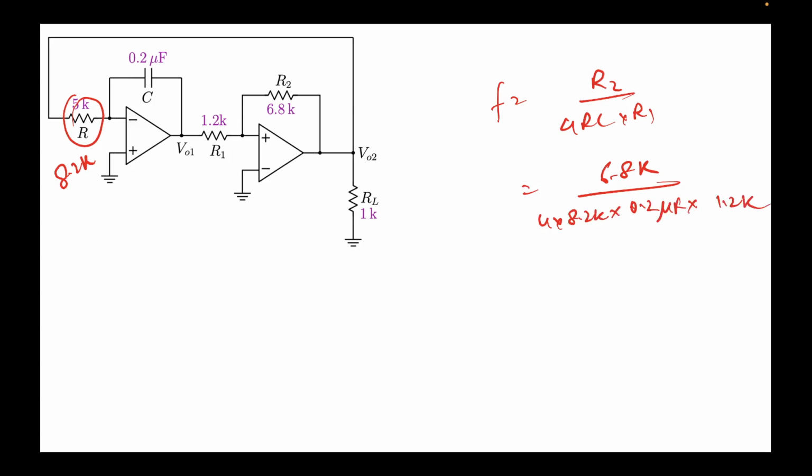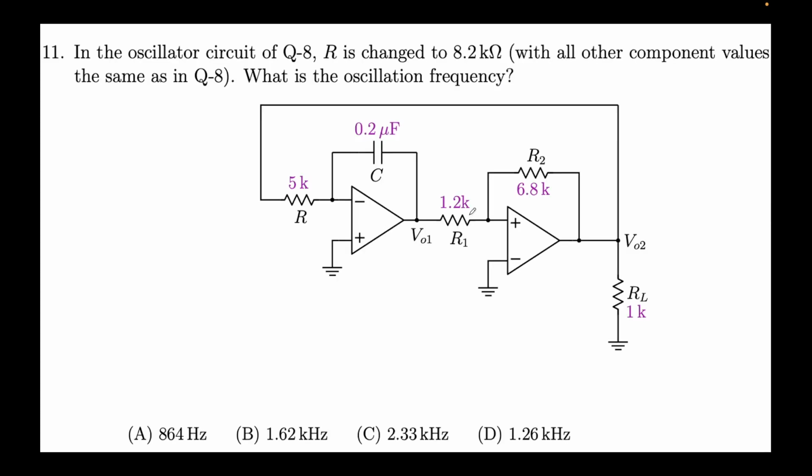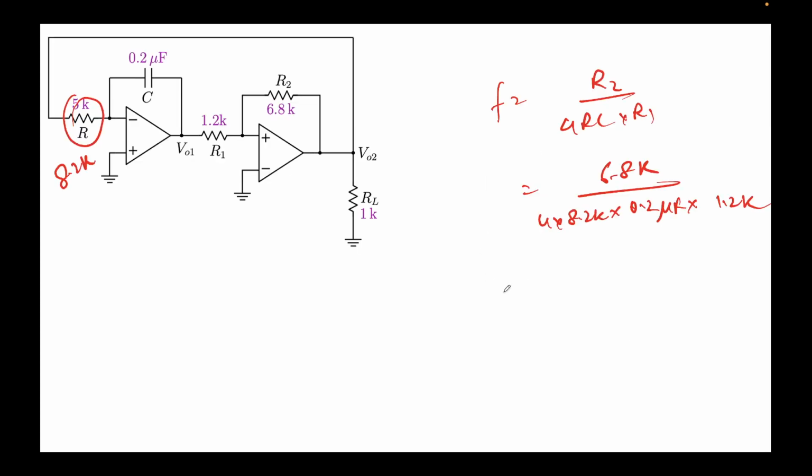So it was 1.4k earlier. Now let's see how it comes out to be. So let me get my calculator. So it's 1.4, we multiplied by 5 and we divided by 8.2. So this comes out to be 0.853. Right?